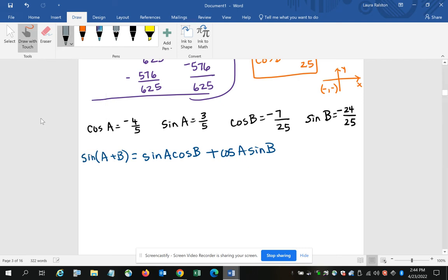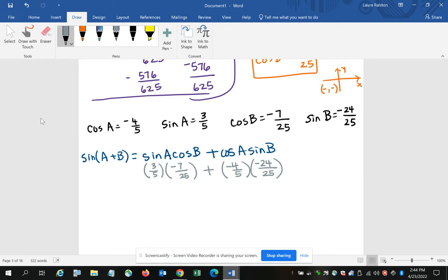You plug the numbers in. So sine of A is 3/5. Cosine B is negative 7 over 25 plus cosine A is negative 4/5 and sine B is negative 24/25. Then you got to do the math.